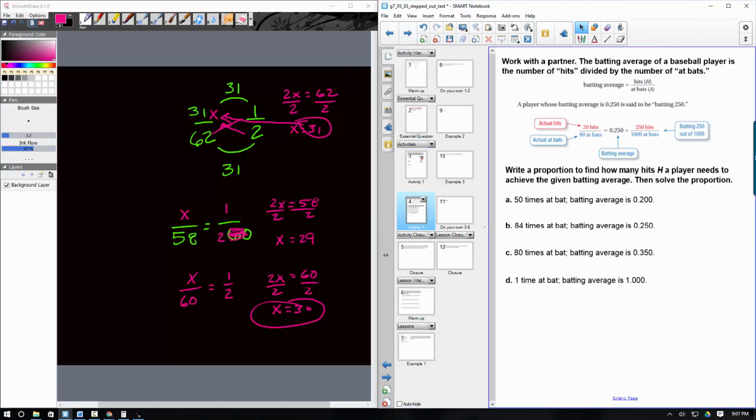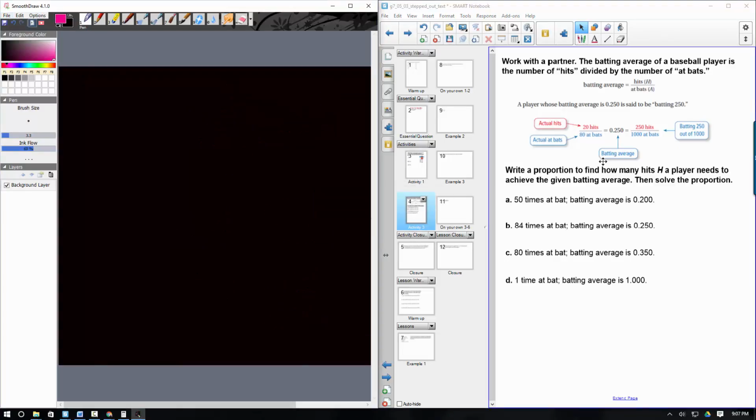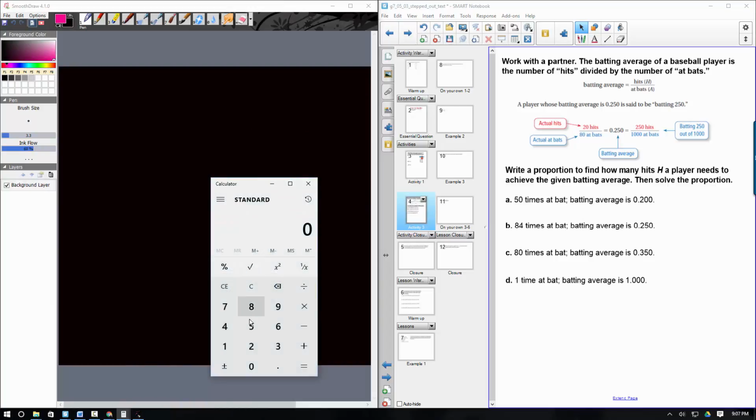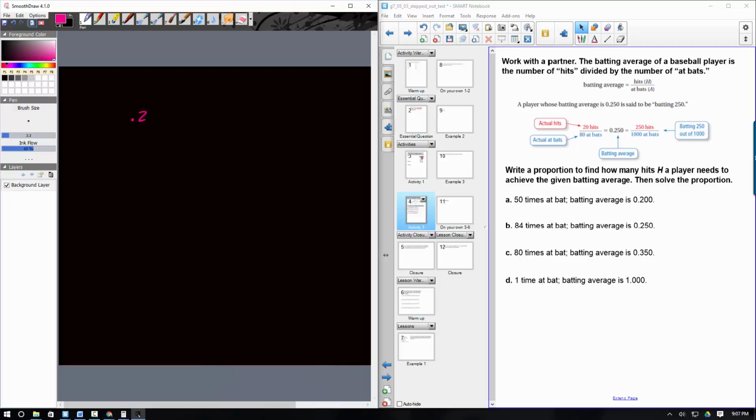So our next one is showing some actual problems here where I have my actual hits. So if I take 20 divided by 80, let me show you this. I go to the calculator, and if I do 20 divided by 80, I get 0.25, which is this 0.25 right here. 0.25 is 0.25 over 1. 0.25 would equal 25 over 100.